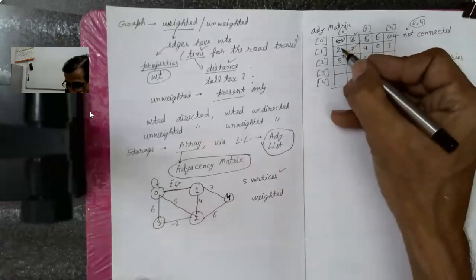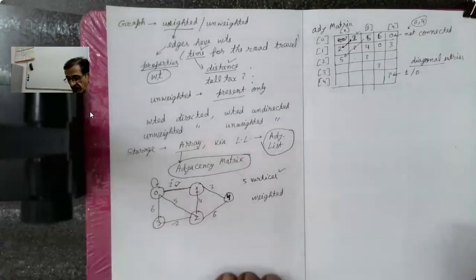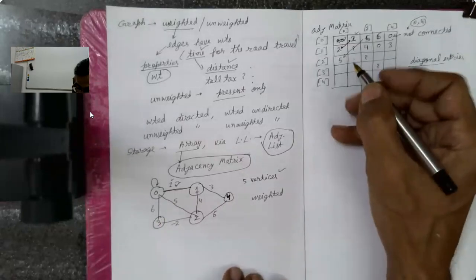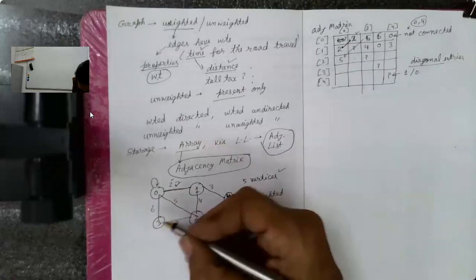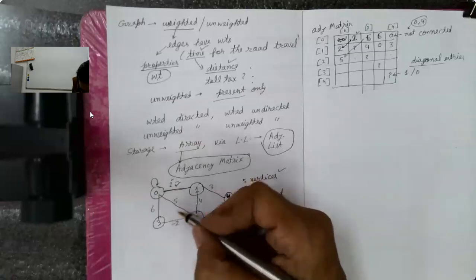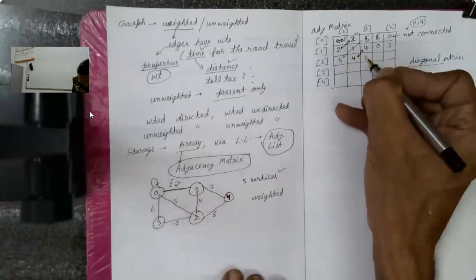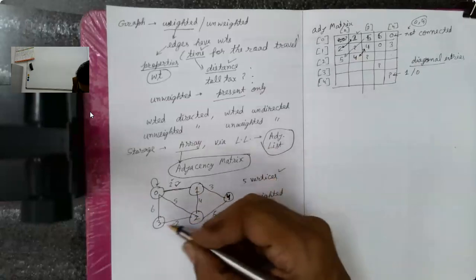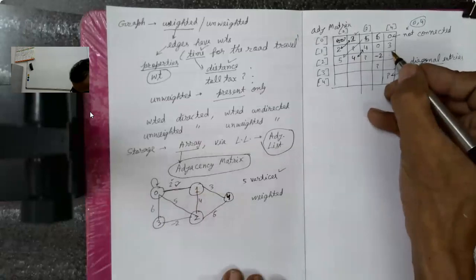Of course, if it is a directed graph, it won't happen like this. So I'll have all these entries: 5, 0, then 2, 1, which means from 2 to 1 we have a 4, effectively the same as this. 2 to 3, I have minus 2. 2 to 4, I have 6.